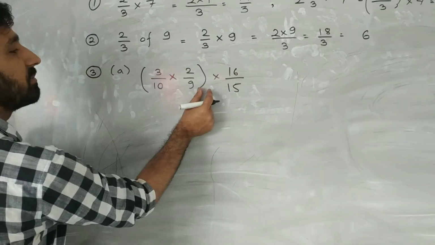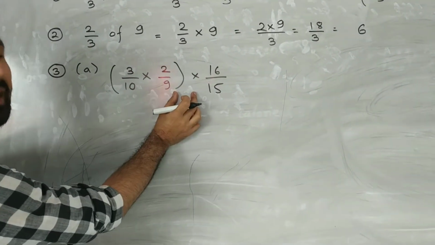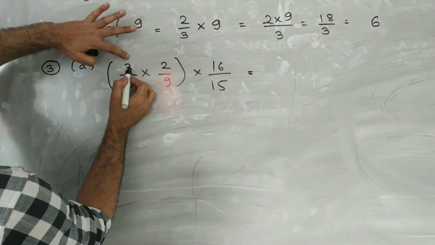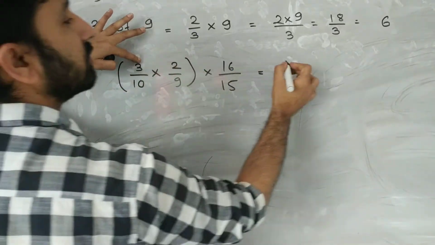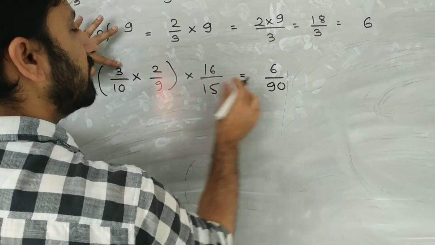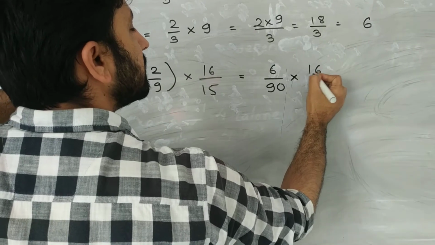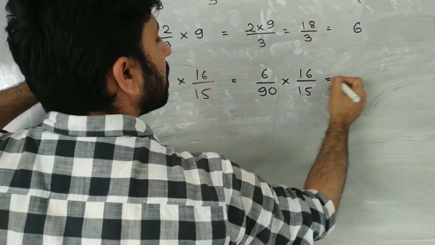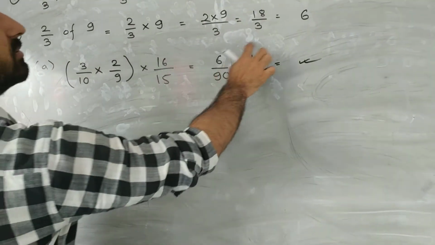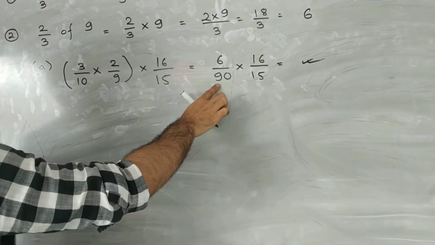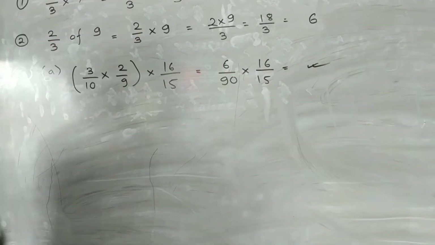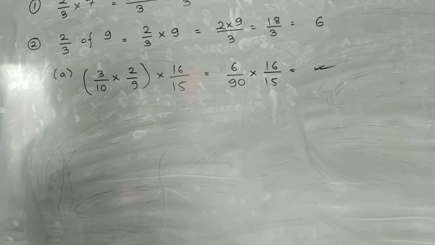That means we have to multiply the one inside the bracket first. Inside the bracket we multiply numerator and numerator: 3 into 2, 6 divided by 10 into 9, 90. Then it will be 16 divided by 15. Now I hope this is clear and you can solve this out. Multiply 6 into 16 divided by 90 into 15, and then you can reduce that to the simplest term.